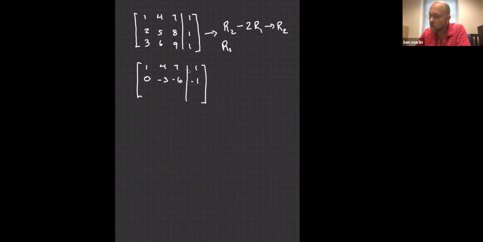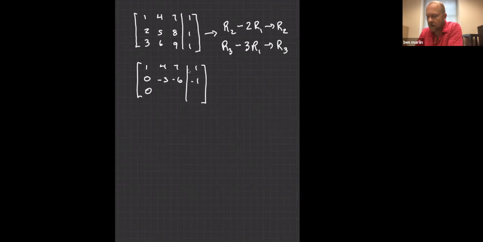Then for row 3, I'm going to subtract 3 times row 1 and put that back into row 3. The first thing here, you get a 0. That's my goal. I am clearing out everything that's under the first entry there. The next go round, I'm going to try to clear out everything that's under the second.